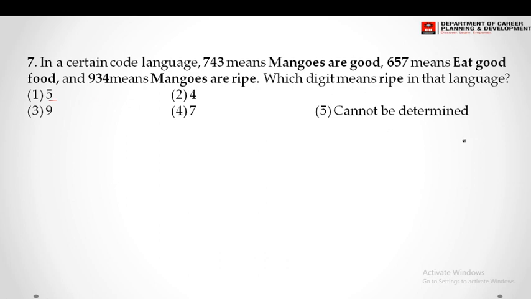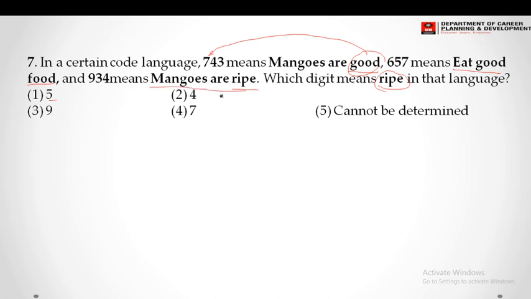So first, compare which is common in the first and second. What is common in the first and second? Mangoes are good and eat good food. So good is common, and good is given as 7. Next one: second and third, nothing is common between second and third. Eat good food is in the second, and mangoes are ripe is in the third.